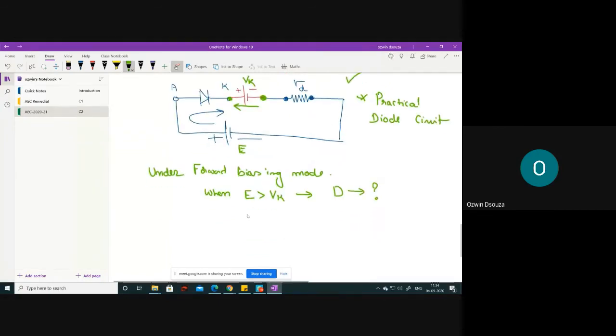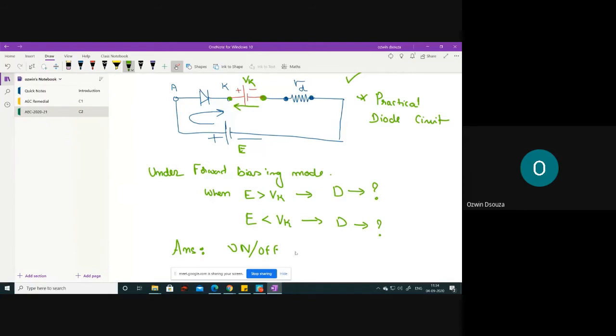On the other hand, when E is less than Vk, where E is the external potential, what happens to diode conduction? You are supposed to tell me the answers in on or off.